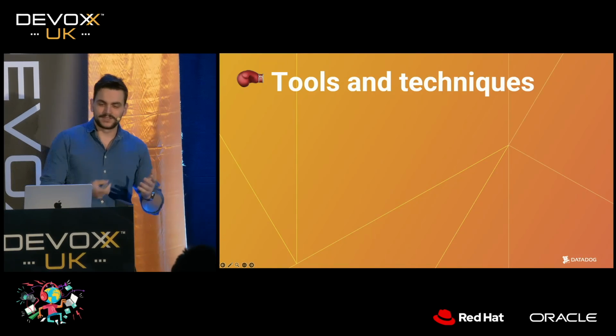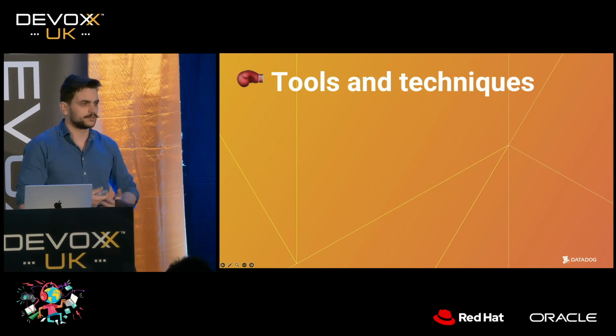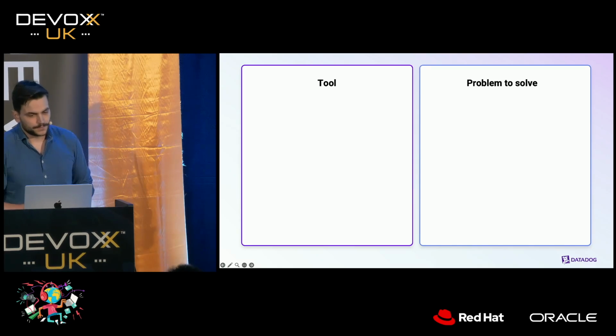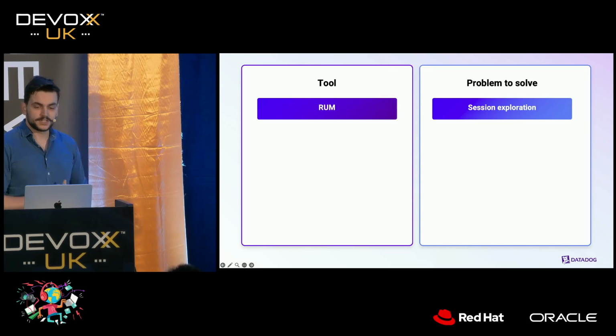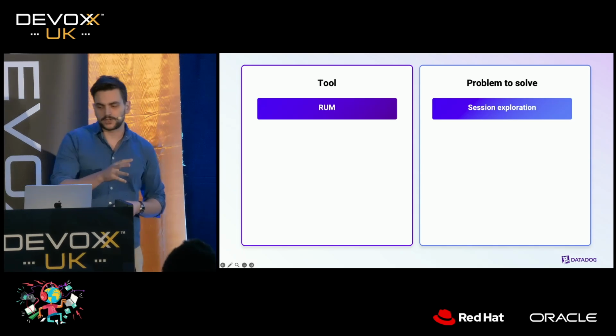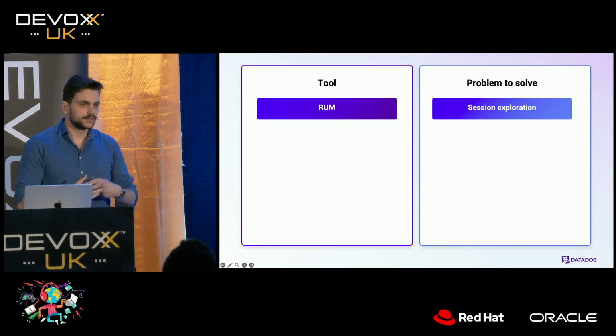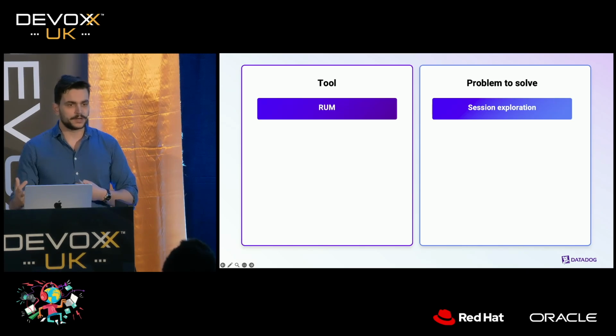Hopefully, we have some tools and techniques to understand what's going on on the client device. First, we have real user monitoring that gives you some session information, performance information, error analytics. So it's tools like Sentry, New Relic, or Datadog.